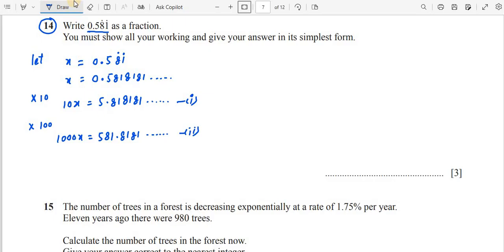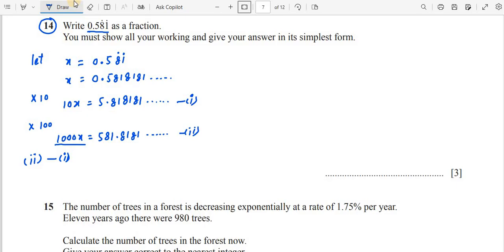So subtract equation number 1 from equation number 2. Left side subtract with left and right side subtract with right.